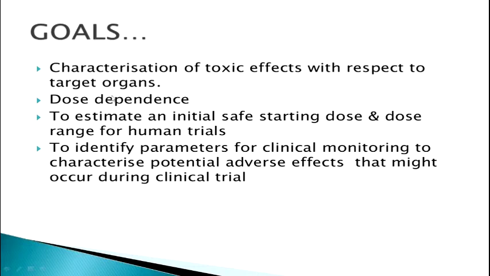Here you have to characterize the toxic effects with respect to some test organs involved, and some dose dependent studies should be done, and safe testing, that is dose and dose range for human trials, because GLP or good laboratory practices is mainly for human health and maintenance, right?